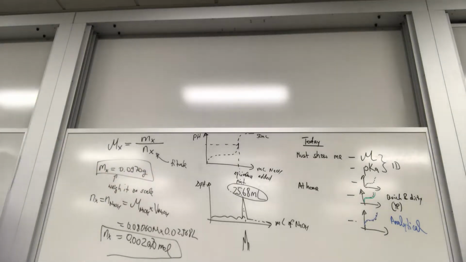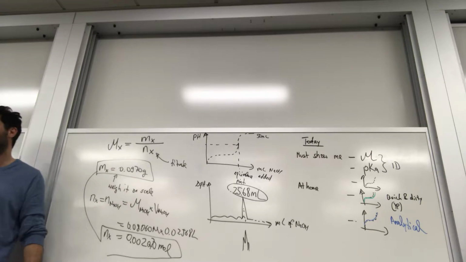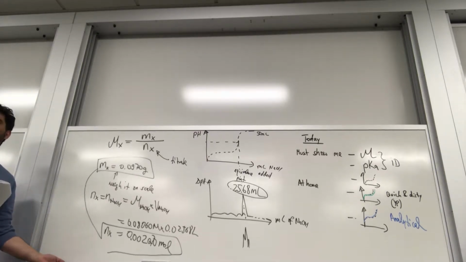Guess what? I have the mass of the acid and the moles of the acid. I can use those two things and plug them into my equation for molar mass. Questions?